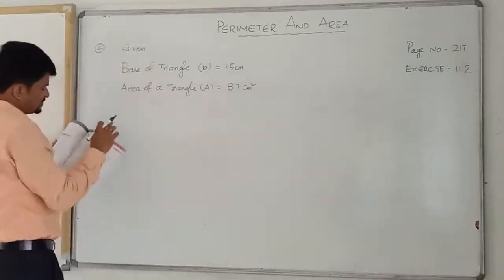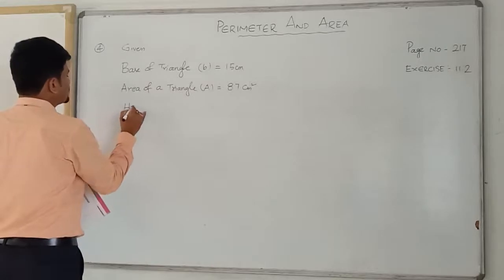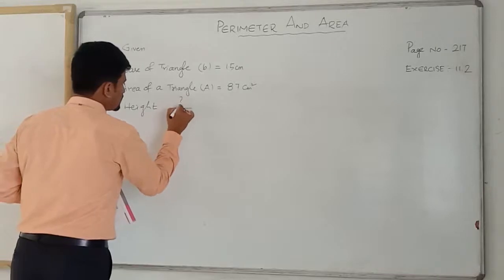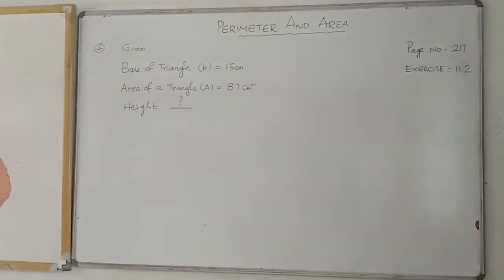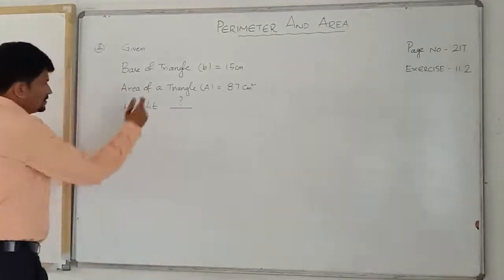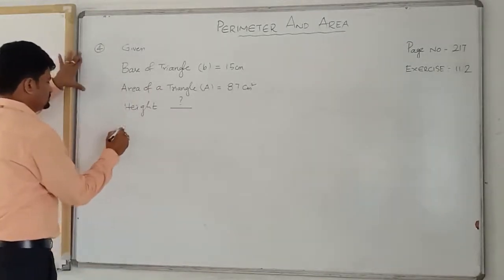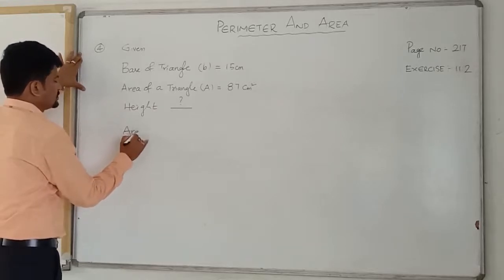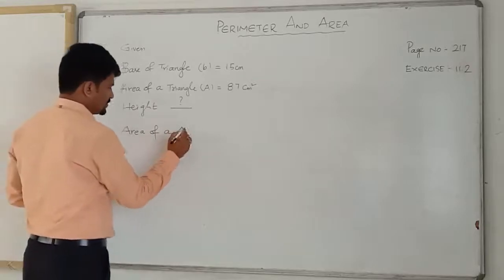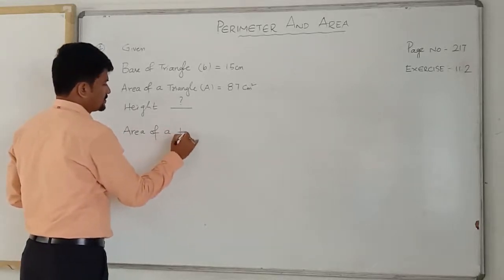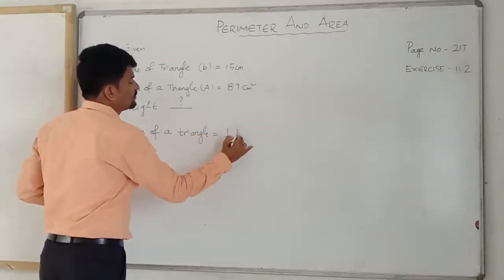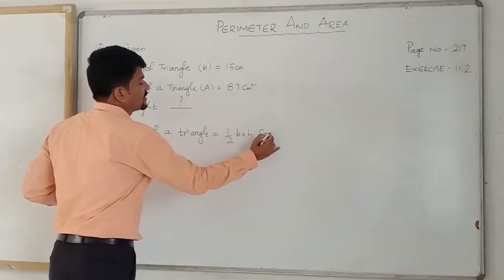Then what is the blank given here? Height is given as a question mark. The missing term is the height. Now let me find it. Area of a triangle formula: half base into height square units.